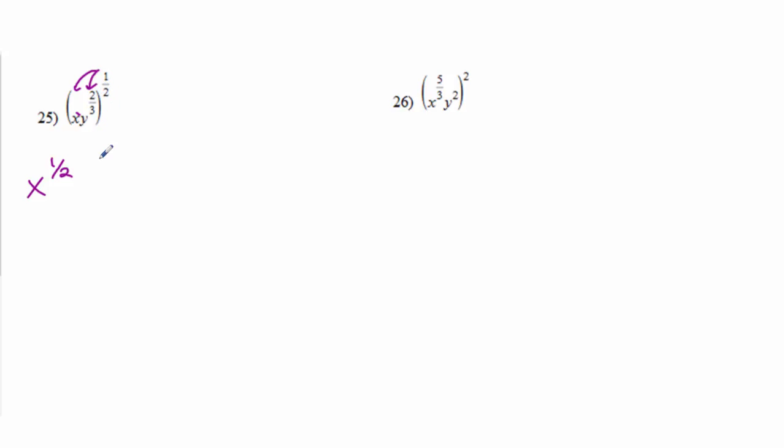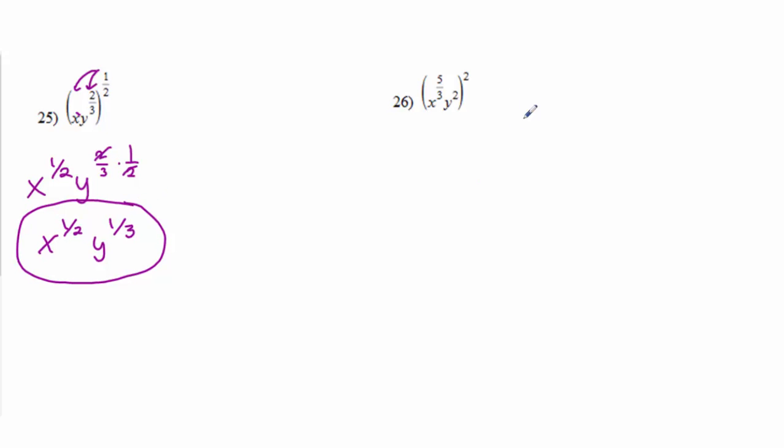If it already has an exponent like the y does, what we need to do is multiply 2/3 times 1/2 to figure out what that exponent should be. So the 2's will cancel, and we'll just get y to the 1/3. Or you can type it into your calculator and let your calculator handle the fractions for you. 26. We're going to multiply both of these exponents by 2.